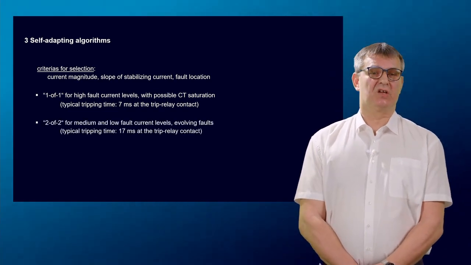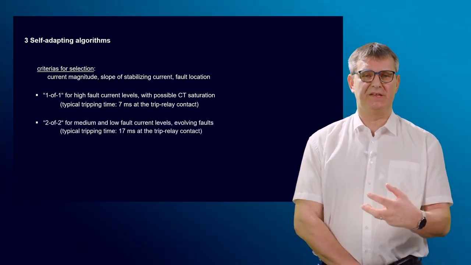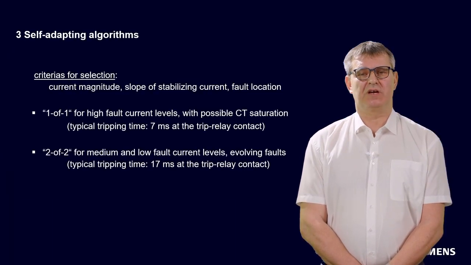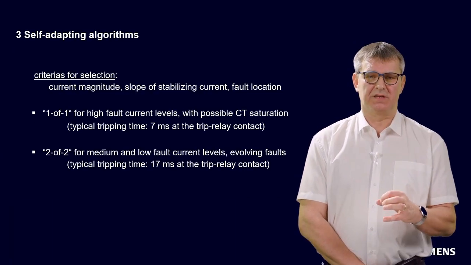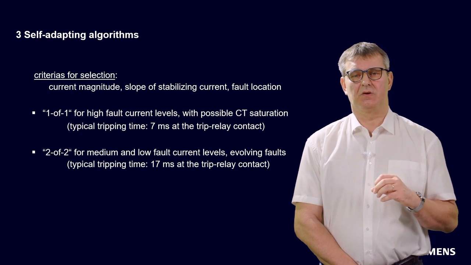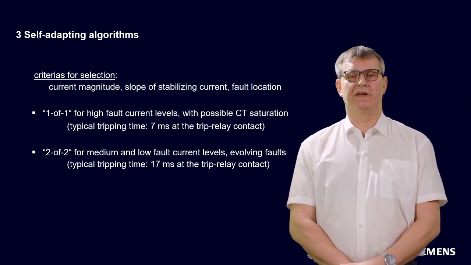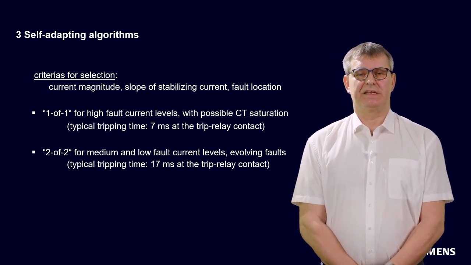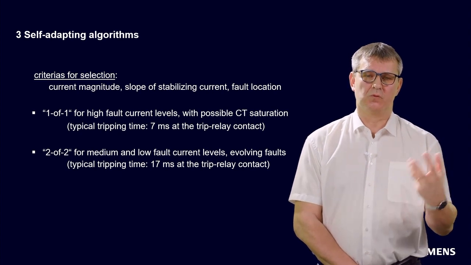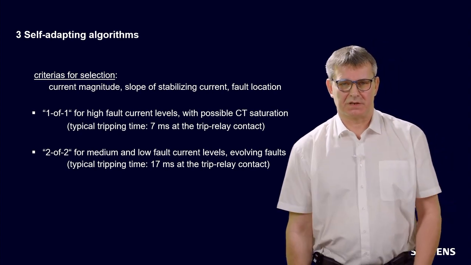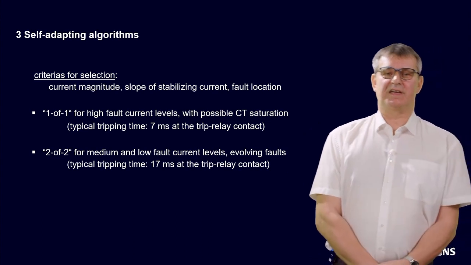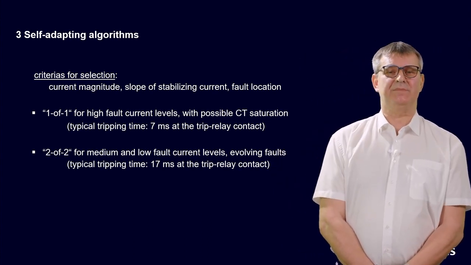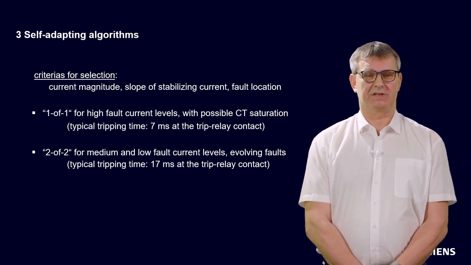We have the 2 out of 2 algorithm, which is for medium and low fault currents. And very important, the 2 out of 2 algorithm is also responsible for evolving faults. And here the typical tripping time, with the same requirements I have explained before, is 17 milliseconds at the trip relay contact.